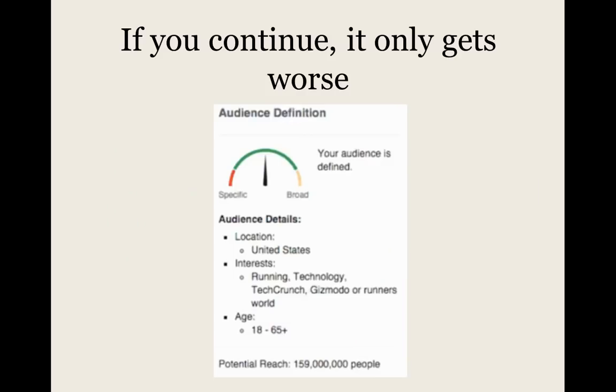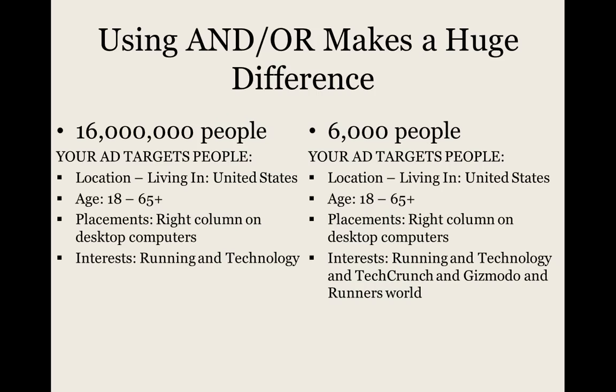Next, if you continue, it only gets worse. Better not to continue. Next, using and or makes a huge difference. 16 million people: your ad targets people whose location is the United States, age range 18 to 65 plus, placements right column on desktop computers, interest running and technology.